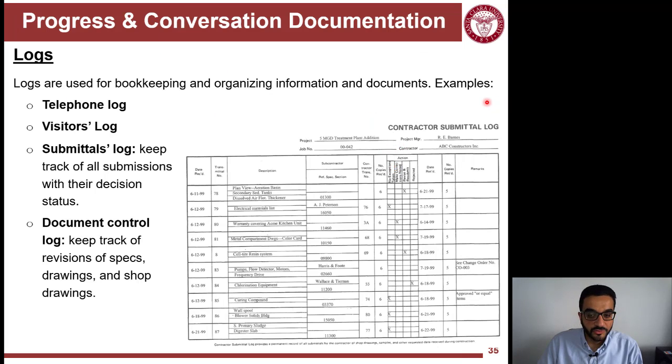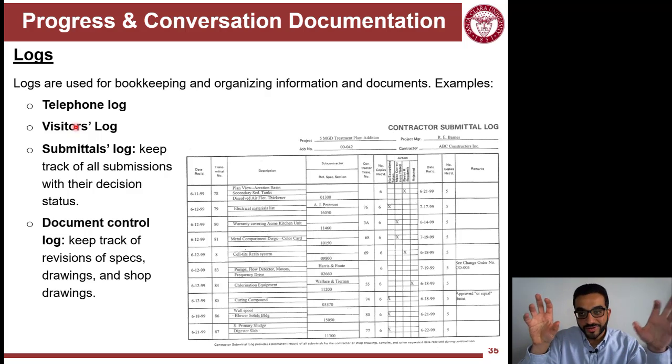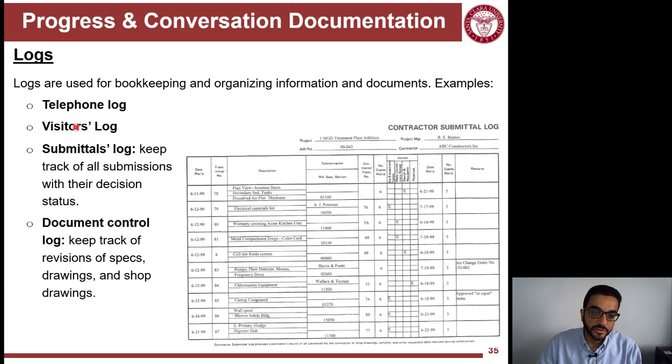Logs, a lot of logs. That might be a little older, but you have a log of what phone calls you made. All of that is just pieces of information, so when the time comes, you have this information to support your claims. Visitors log, and submittals log is a very important one, and that's an example here.